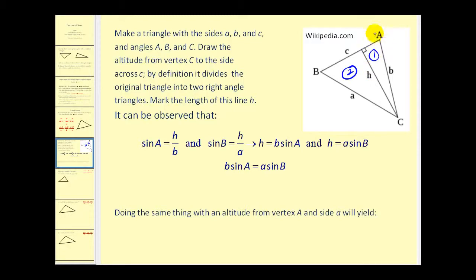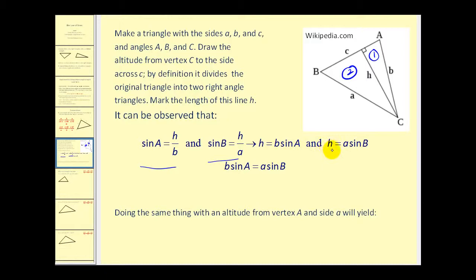So we could say the sine of angle A is equal to h over b in this small right triangle, and we could also state that the sine of angle B is equal to h over a in the larger right triangle. So if we have these two equations and we solve them for h, we would have h equals b sine A and h equals a sine B.